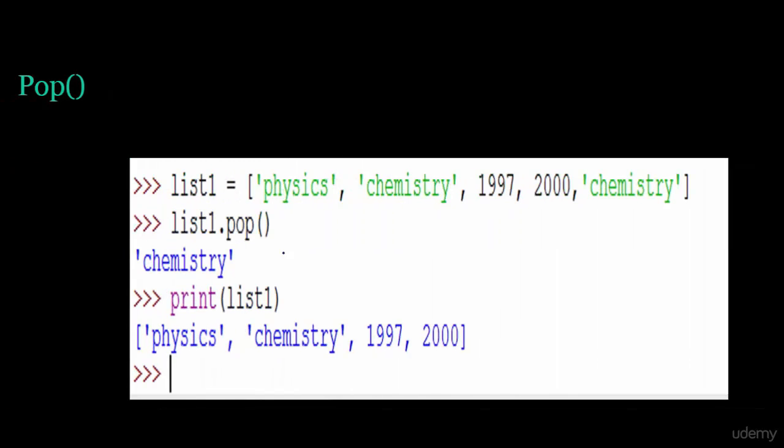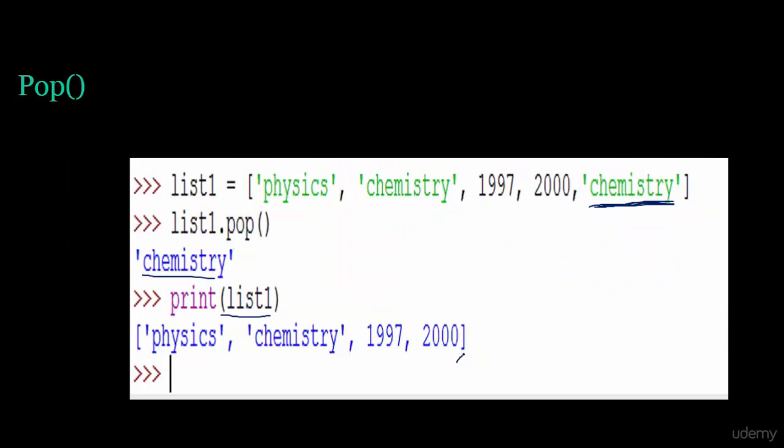The pop method will give back the last value here and will remove this value from our list. Like here, I said list1.pop, it gives us chemistry, the last value, and if we print the list again, the chemistry has been deleted.